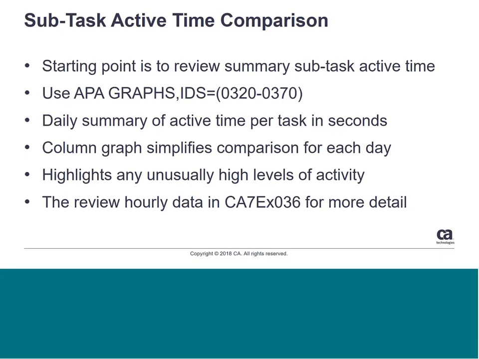What I'm trying to do is put them into a column, collecting the information that's available across all of these APA graphs into a single view, so you can compare the data day by day for each of the various subtasks. We can then look at it in more detail through the EX or EasyTree or EARL report number 36 to get a lot more detail.